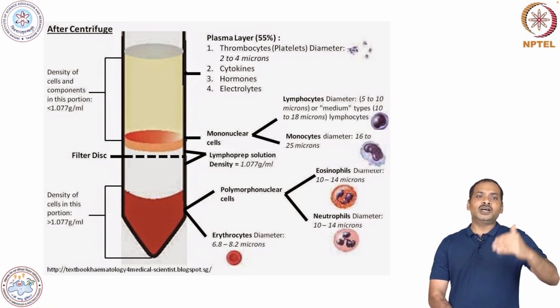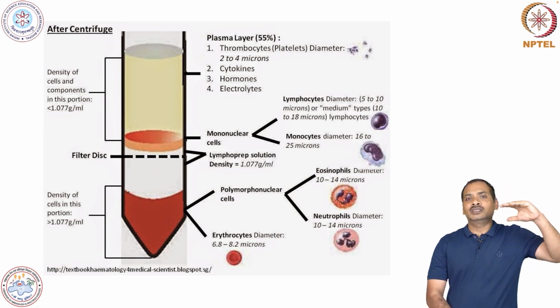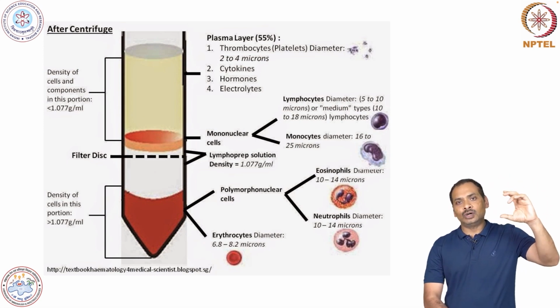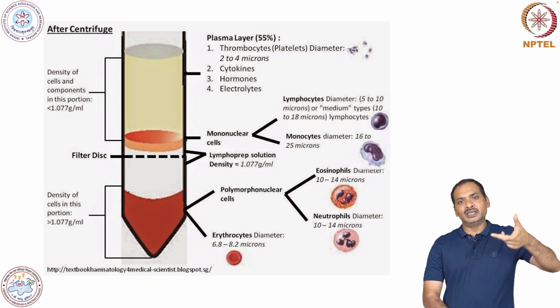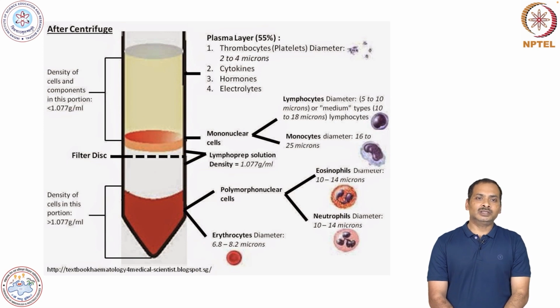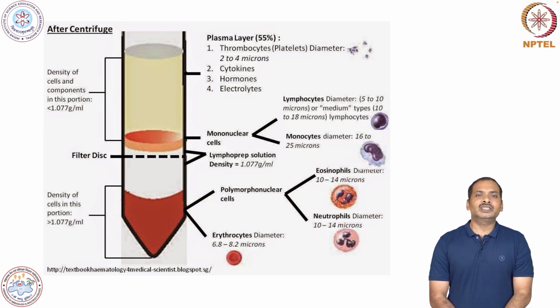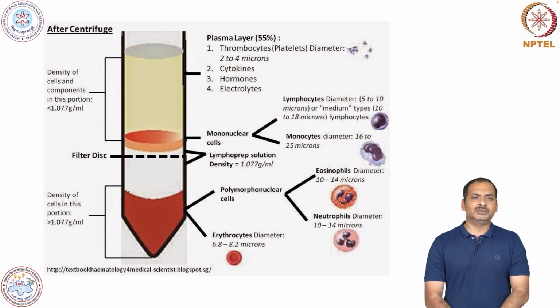And the density of plasma is less, that's why you see the plasma layer on top. In between plasma and histopaque, there is a ring of PBMCs. In that way we isolate the PBMCs, and we conduct a variety of experiments.